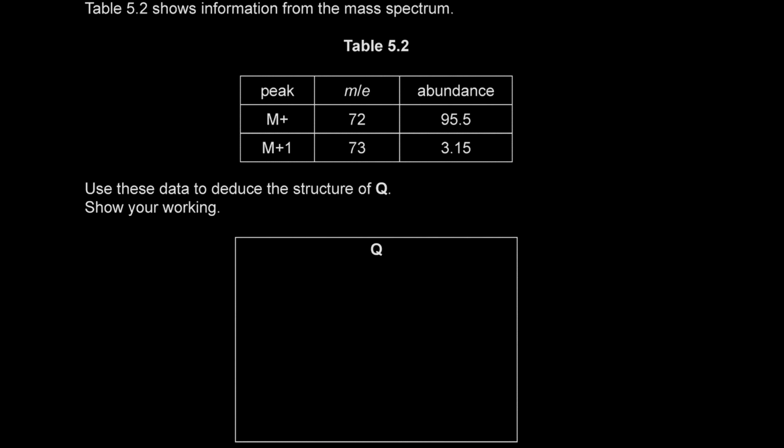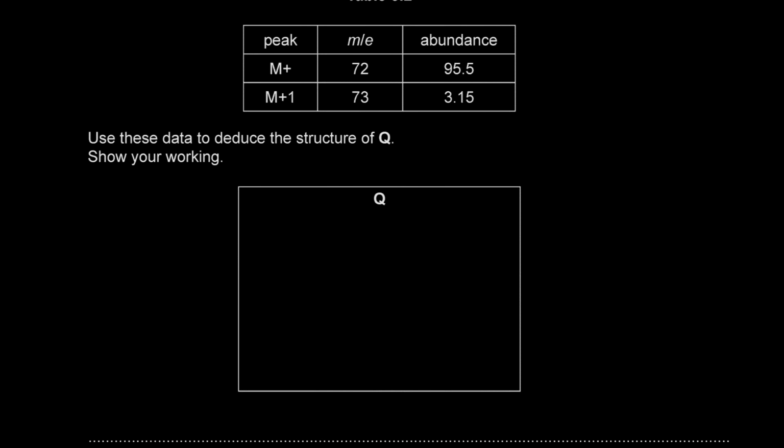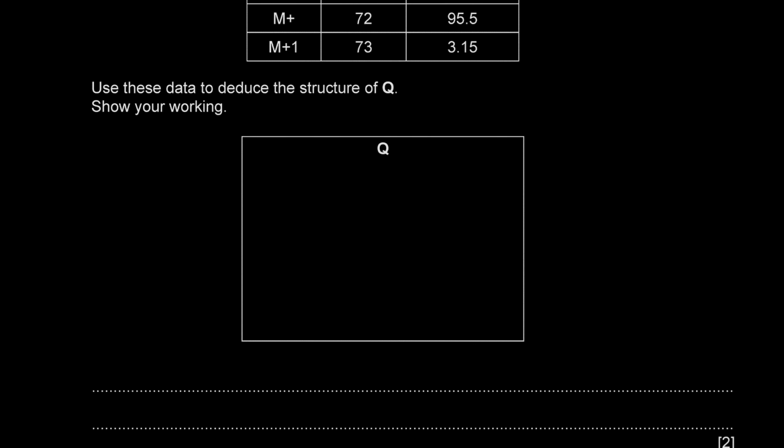We can use the relative abundances of the M and the M plus 1 peak to find the number of carbon atoms in a molecule. We know that the ratio of the M plus 1 and the M peak is equal to 1.1 N divided by 100, where N is the number of carbon atoms. So over here, the relative abundance of the M plus 1 peak is 3.15.